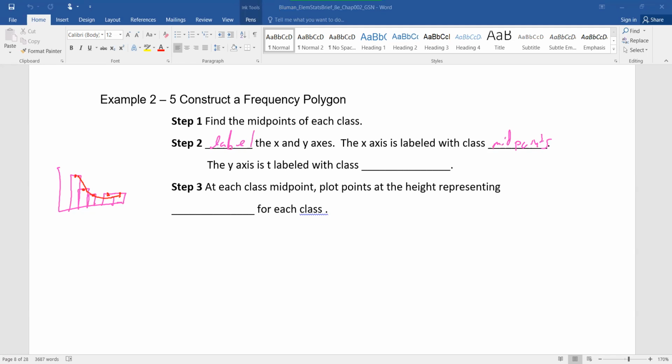So they all correlate. You should be able to put a line graph right on top of a histogram, and it'd just be the tops of these histogram vertical bars.